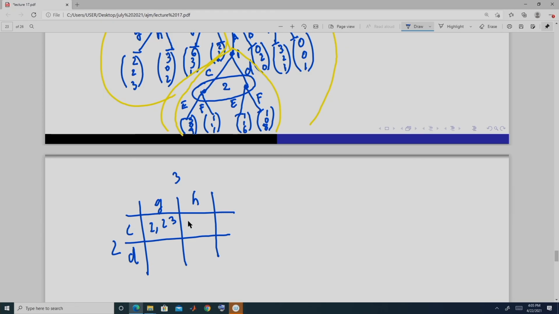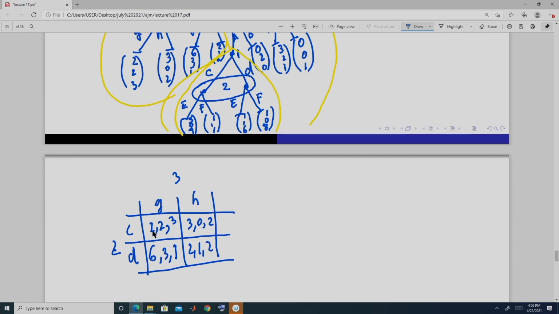Then it is 3, 0, 2. It is 6, 3, 1. And 2, 1, 2. Okay. So, it is played between player 3 and player 2. And the payoffs are, we have to compare.